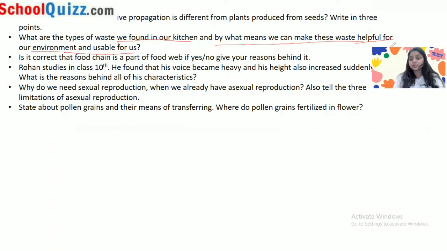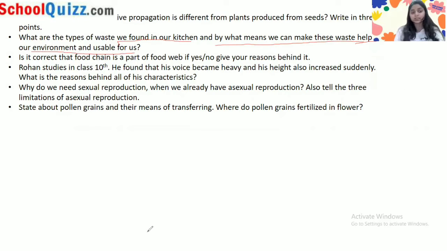There are many types of waste we find in our kitchen, like organic waste and inorganic waste. What is organic waste? For example, the peel of vegetables and fruits. And inorganic waste is like metal cans and plastic bags.